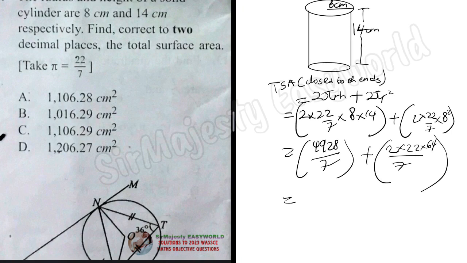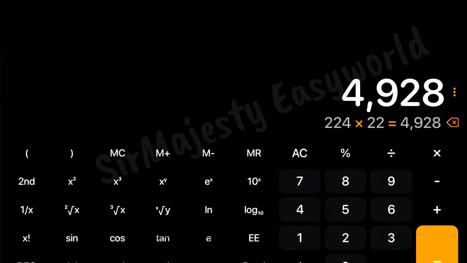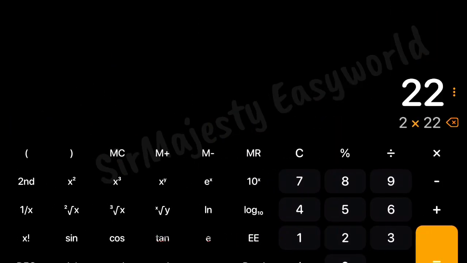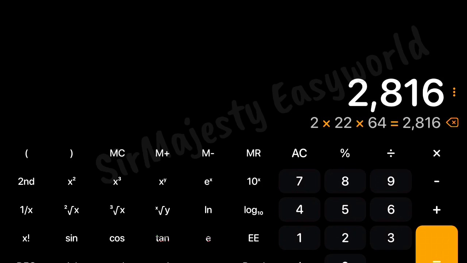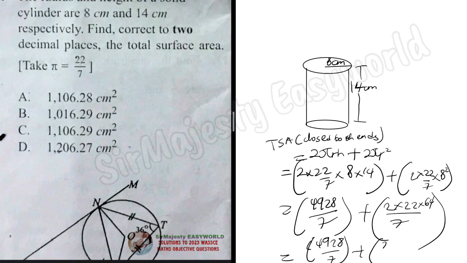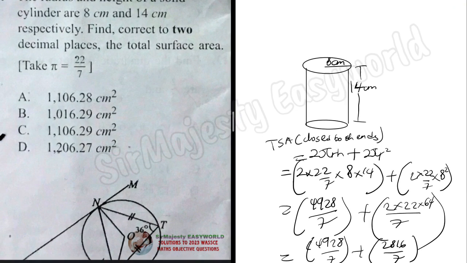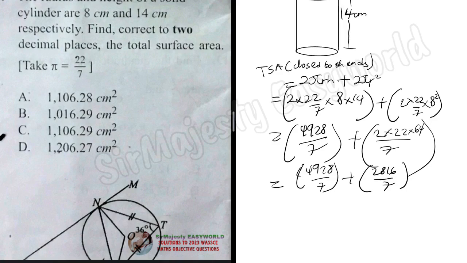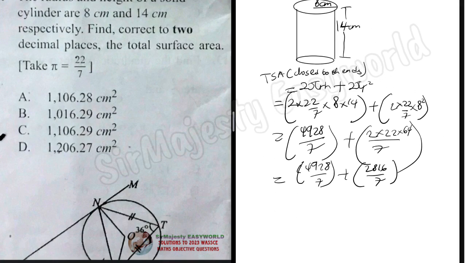So this gives us 4928/7 plus, let's do 2 times 22 times 64. That's 2816/7.